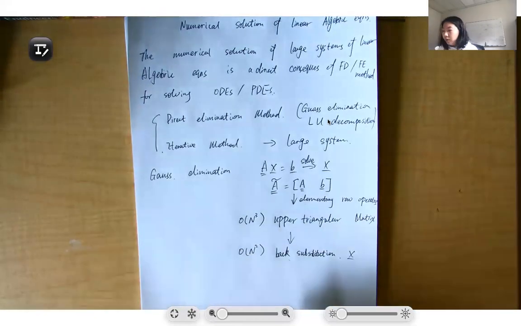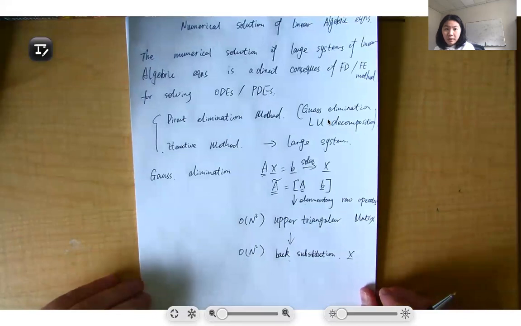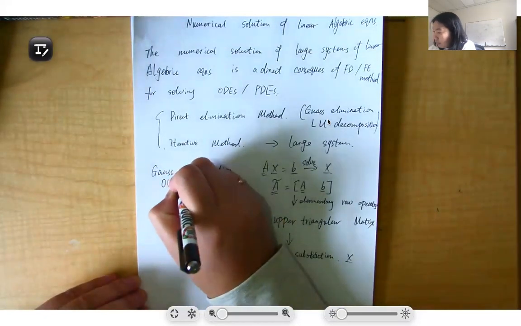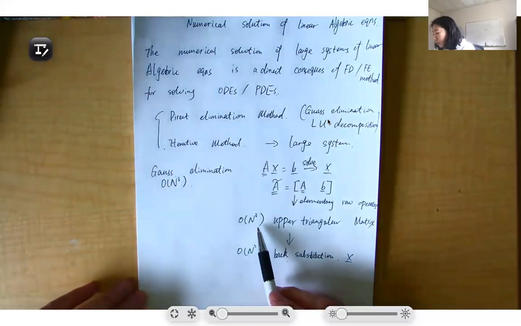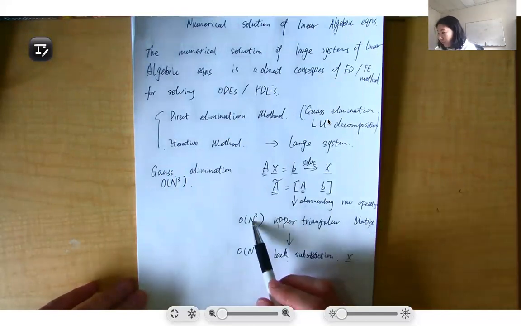So overall, the Gaussian elimination computational expense is n to the third, because when n is super large, n squared is very small compared to n cubed.